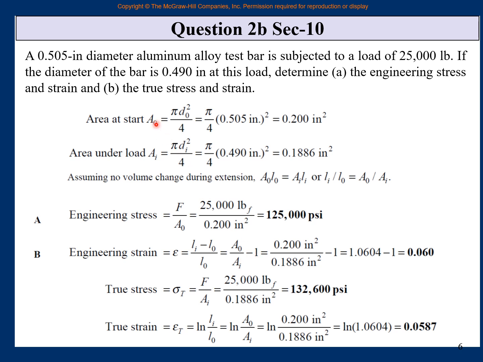A naught and Ai you have already found, so engineering strain is directly there. True stress, F upon Ai, is already done. True strain is ln of Li upon L naught, and Li upon L naught is A naught upon Ai. So by doing this, all of it is solved.